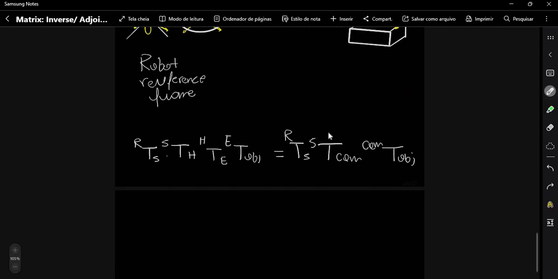Now, solving this equation, as this transformation appears on both sides of the equation, we can eliminate it.